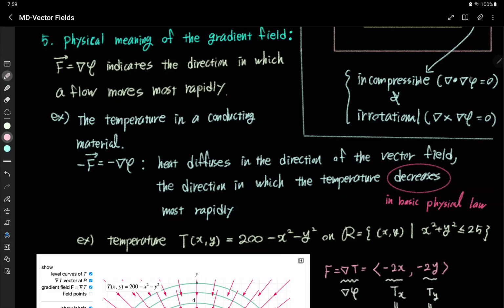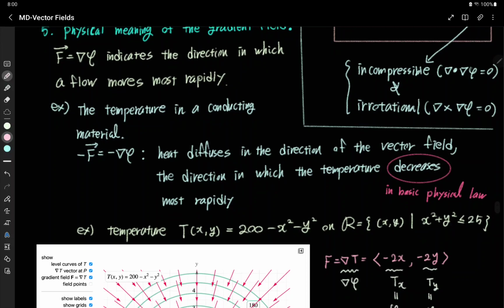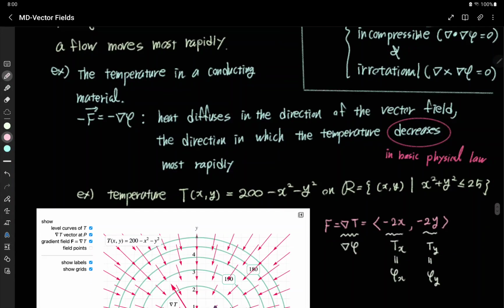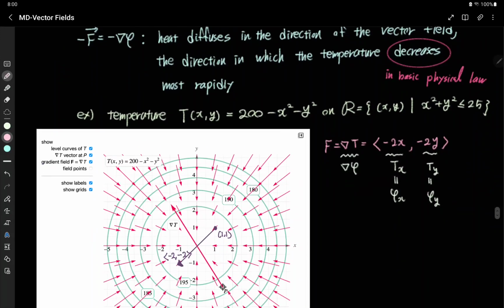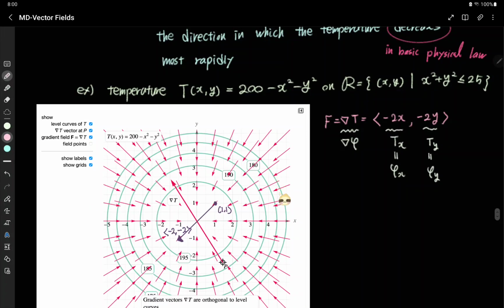So heat diffuses in the direction of the vector field, the direction in which the temperature decreases most rapidly. Makes sense. Specifically, the temperature T is defined as 200 minus x squared minus y squared on that domain.